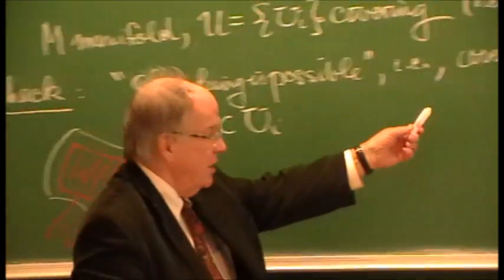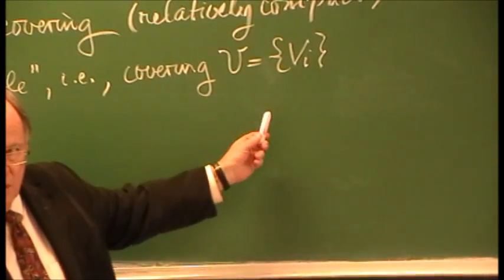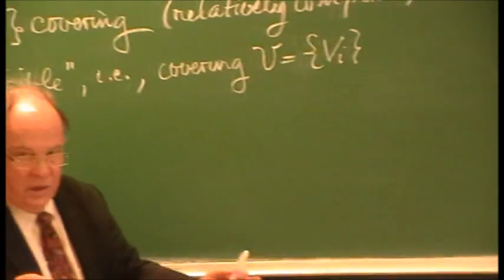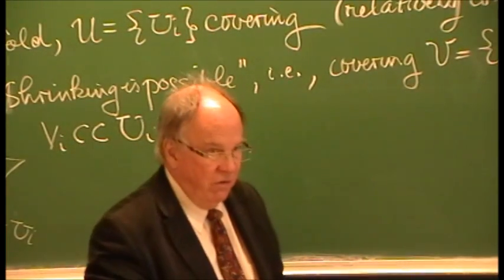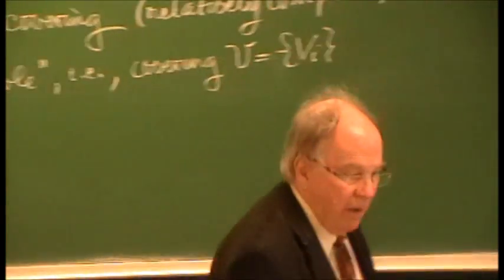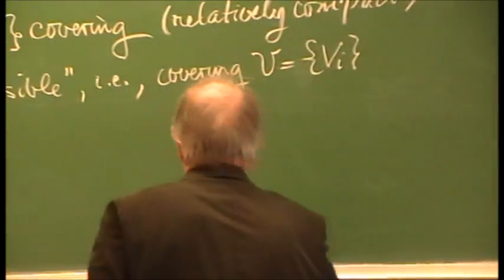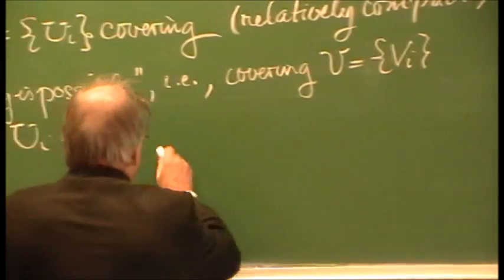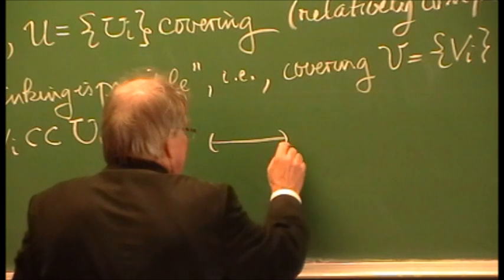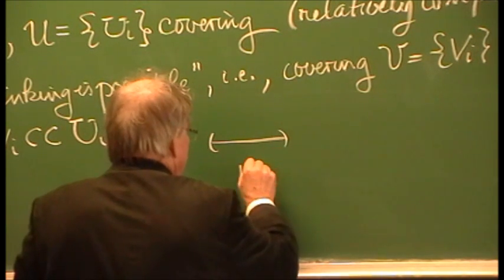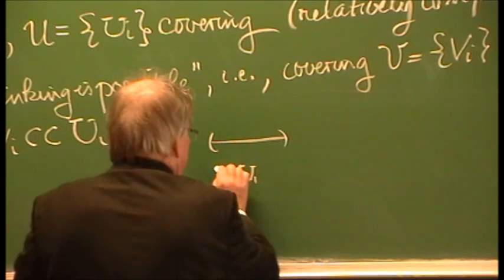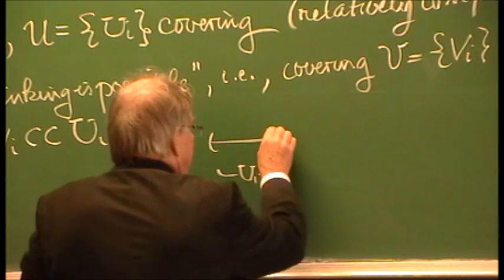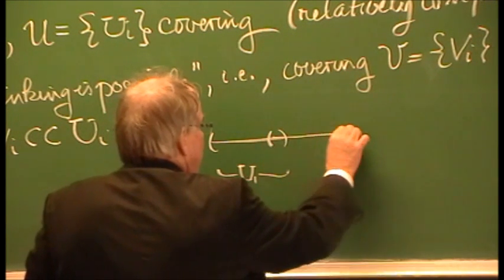And the point is, you see, it's still a cover. That's what I'm claiming. It's still a cover. Yeah, so you make a little small shrinking and it's still a cover. Okay, you can imagine what this might look like. You see, if you have, for example, two intervals, this would be U1, say from here, and this would be U2 from here.